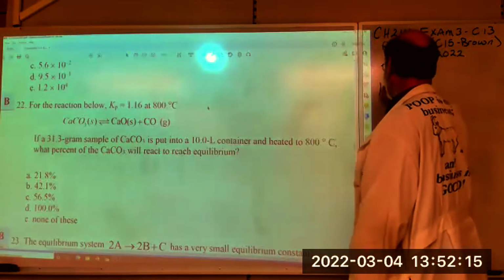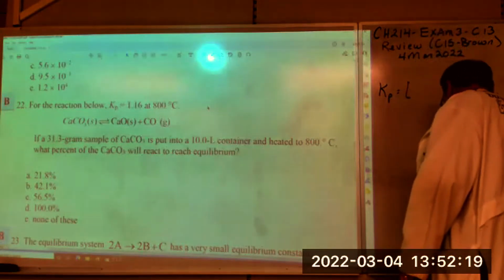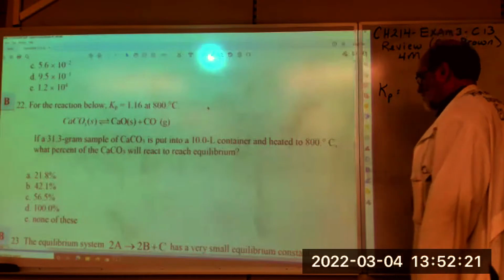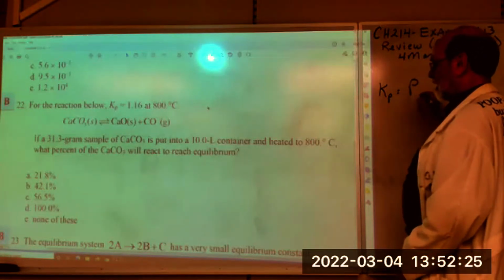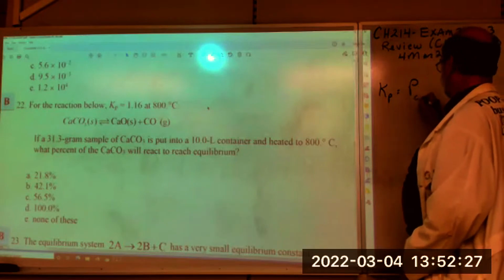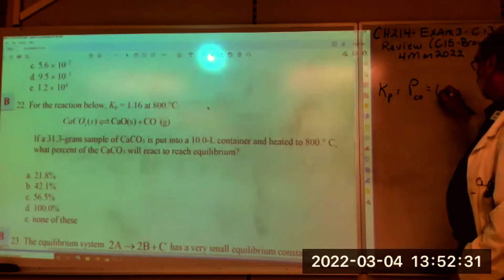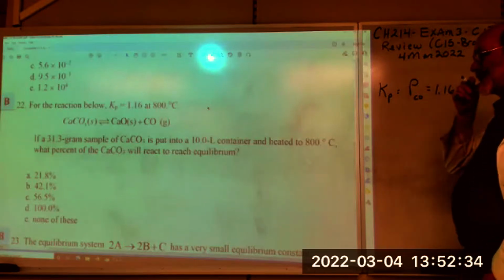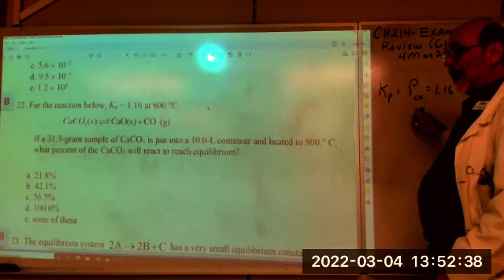So Kp for this one is going to be, actually it's not even that. It's partial pressure of CO2, and that's equal to 1.16. Okay? This is more than likely in atmospheres.